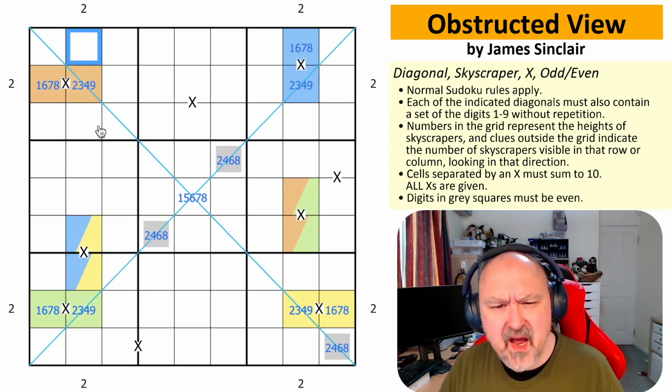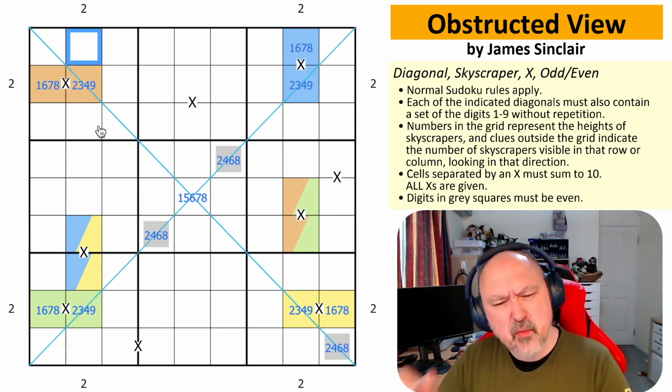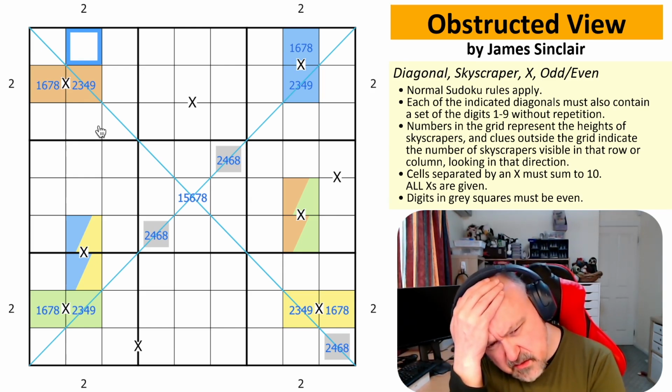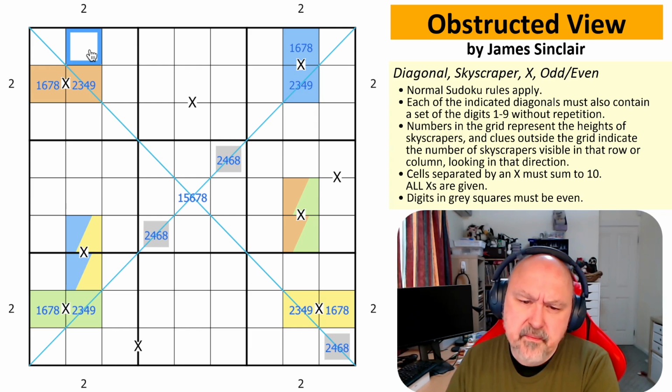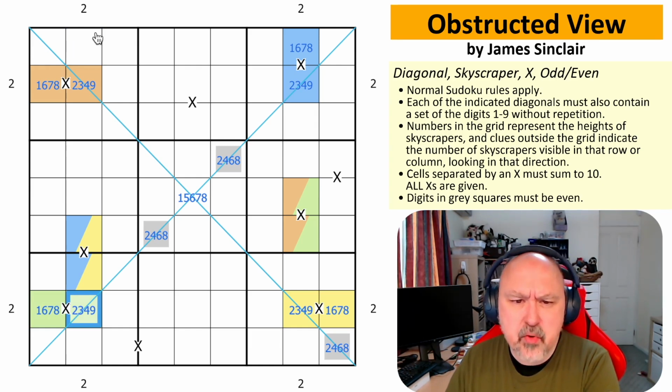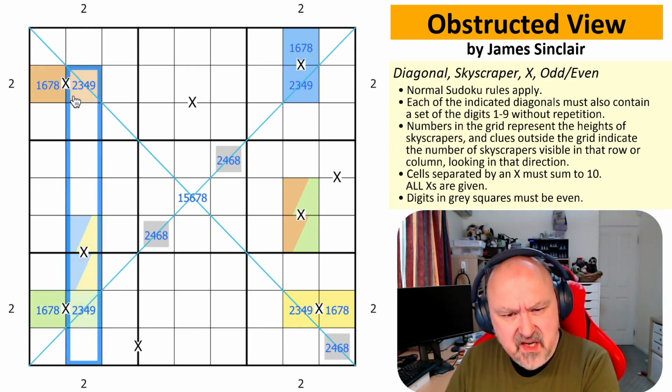This would have to be 8. Hang on, would that have to be 8? No, no, it wouldn't. That could be anything. But where would it... In fact, that could... This would be 8, 2. Actually, that would have to be 8 because I couldn't put 8 in here.